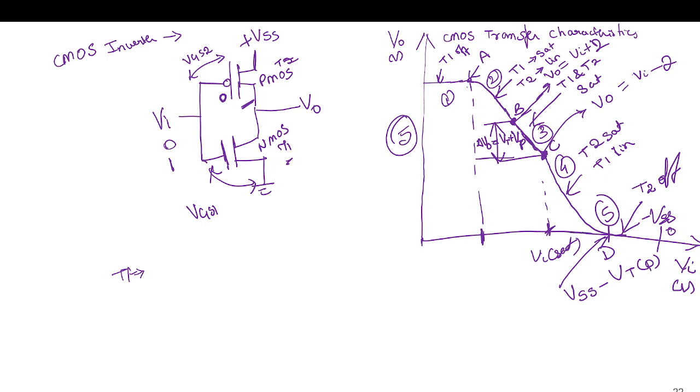So VGS should be greater than or equal to VDS minus VTN for the NMOS to be in saturation region. Okay, so this potential starts decreasing. You are somewhere here.